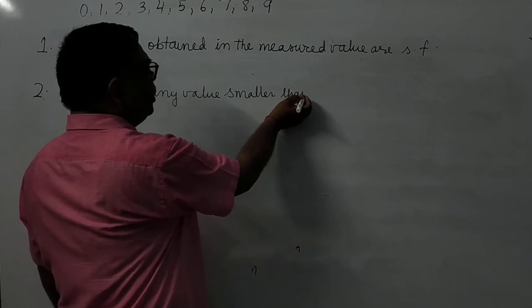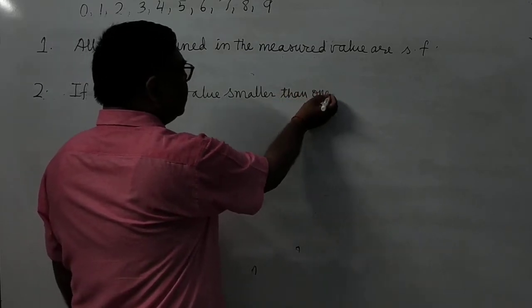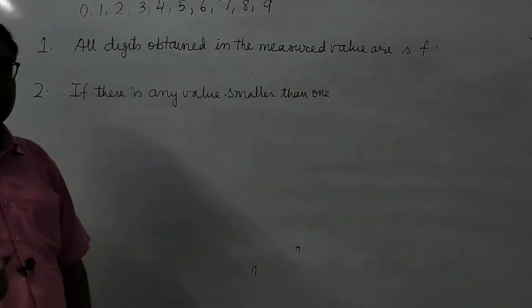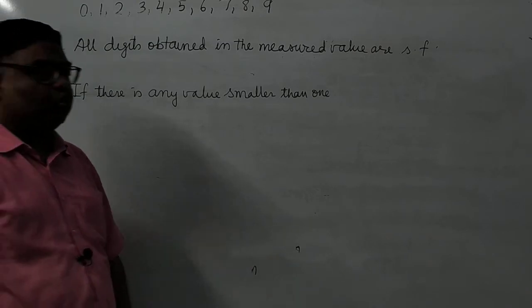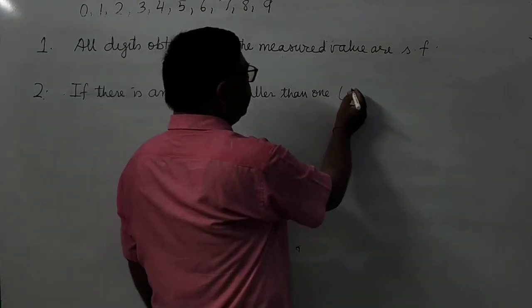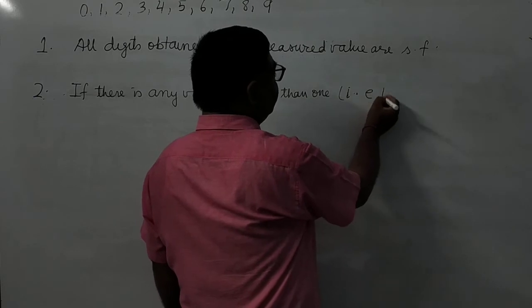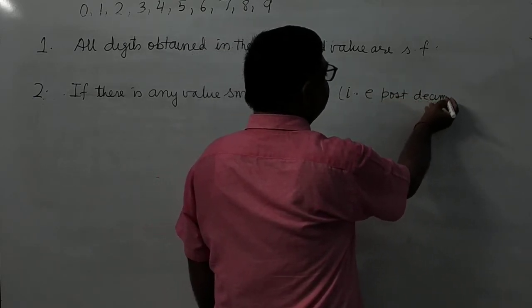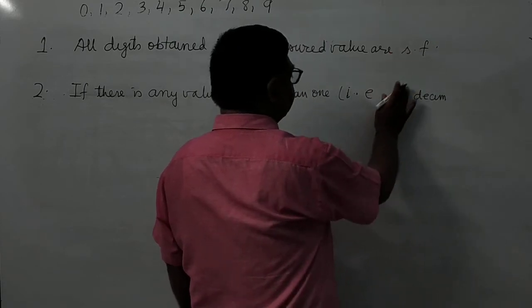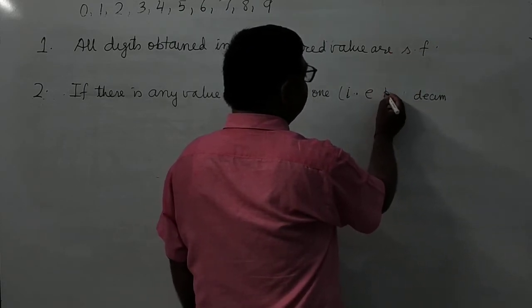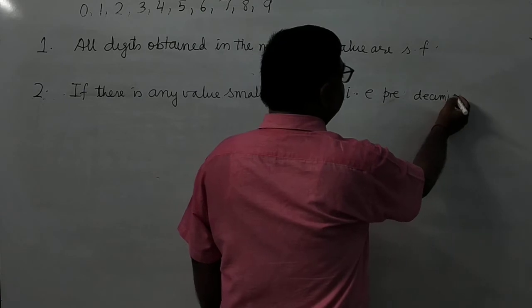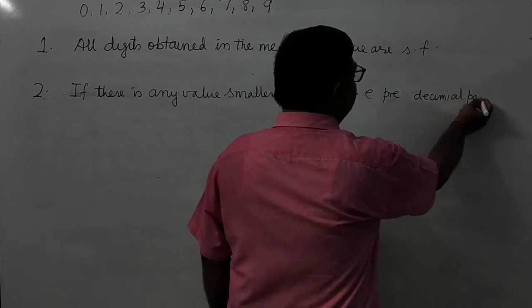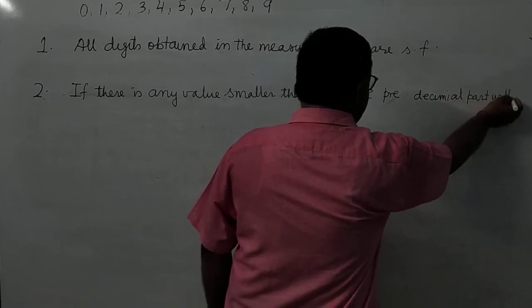Smaller than 1 means the pre-decimal part will be 0.